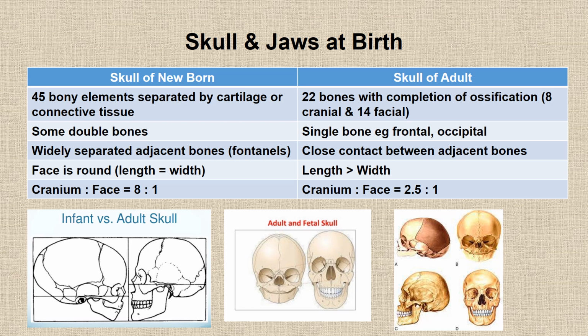Now, the ratio of the cranium to the face in a newborn is 8:1 compared to the adult, which is 2.5:1. Now, this is because the facial skeleton of the newborn is relatively underdeveloped as compared to an adult.